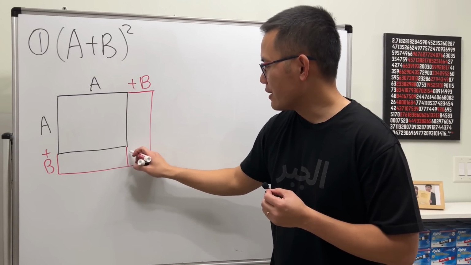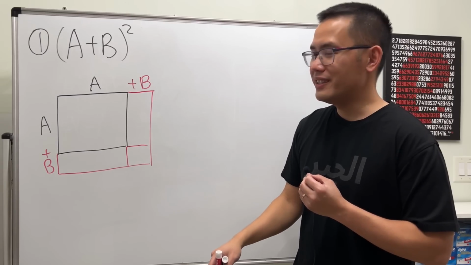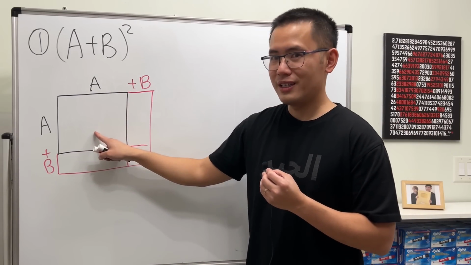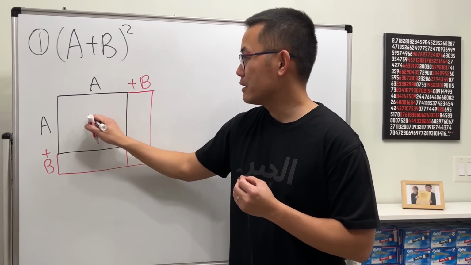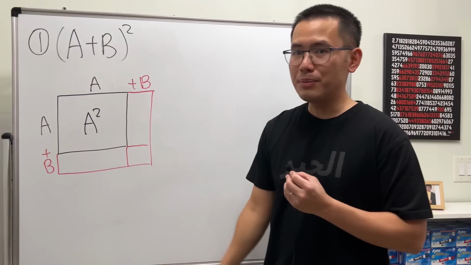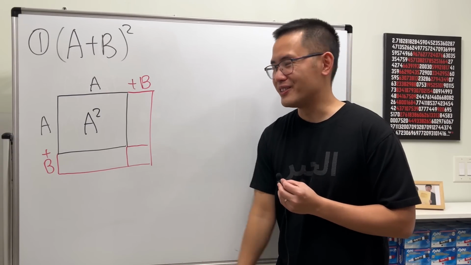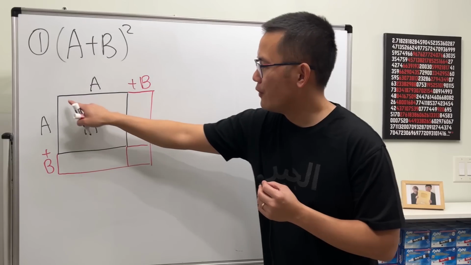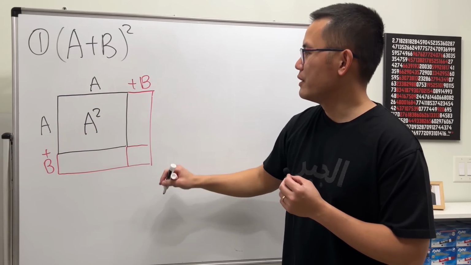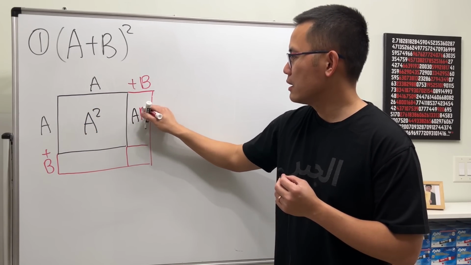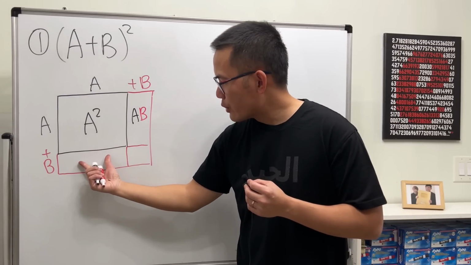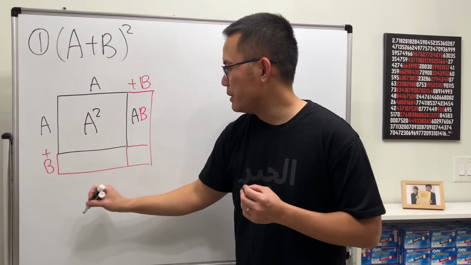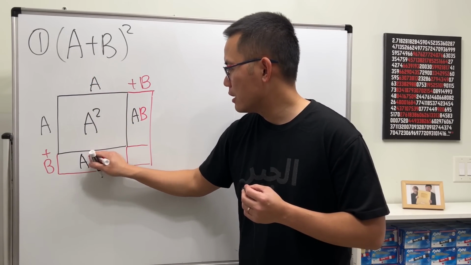Now if you take a look right here, if you just kind of finish it, the area of this square is what? Just a times a, that's a squared. A to the second power, a squared, that's the geometry. And then for this one, the area is a from here times b from here. So that's AB. And then the area right here, A times B, which is AB.